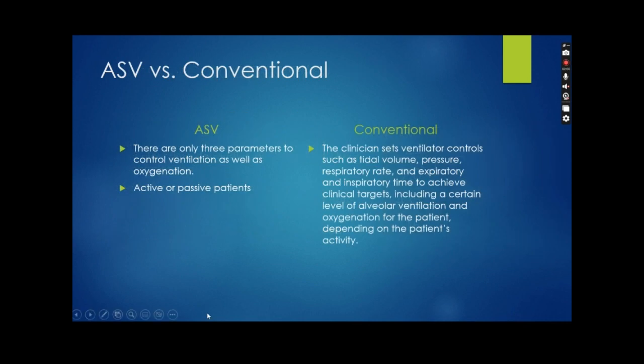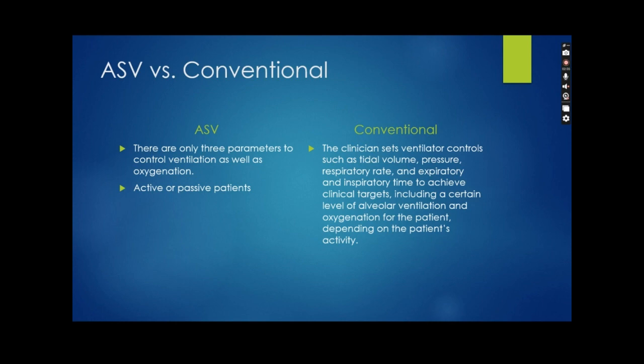So let's look at ASV versus conventional. In ASV, there are only 3 parameters to control ventilation as well as oxygenation, and we will go over those 3 parameters a little later on in the presentation. It can be used in active or passive patients. A misconception that I hear often as a clinician is that we can't use ASV on sedated and paralyzed patients.